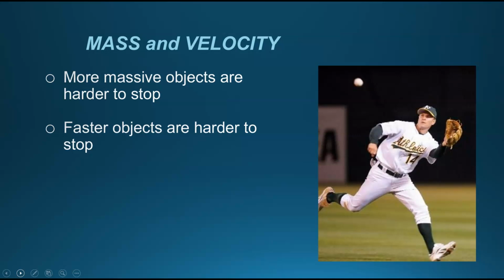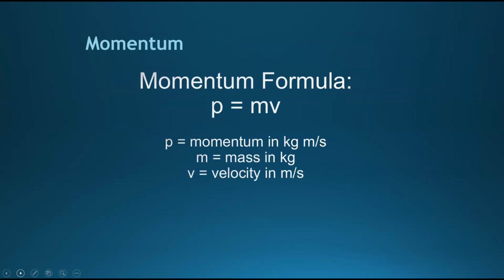That's going to hurt your hand. That high velocity is going to make it very difficult for your hand to stop that baseball. So the more velocity something has, the more momentum it has also, the more difficult it is to stop or to turn. So we have a formula for momentum.